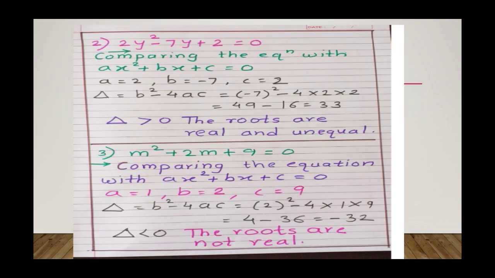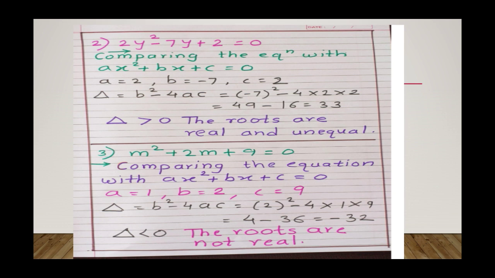Now the next example, 2y square minus 7y plus 2 is equal to 0. Comparing the equation with ax square plus bx plus c is equal to 0, we get a is equal to 2, b is equal to minus 7, c is equal to 2. We have to find the value of delta, that is b square minus 4ac.